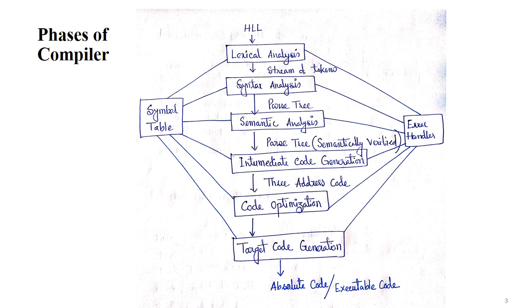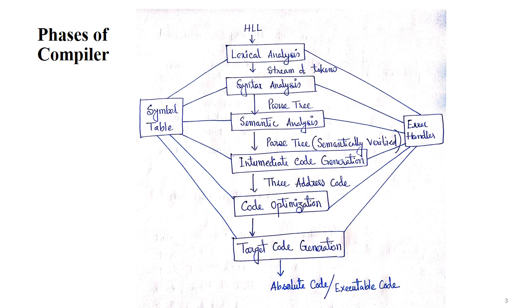Then that semantically verified parse tree is the input of intermediate code generation, which gives you the three address code, and then that three address code is fed to the code optimization phase.